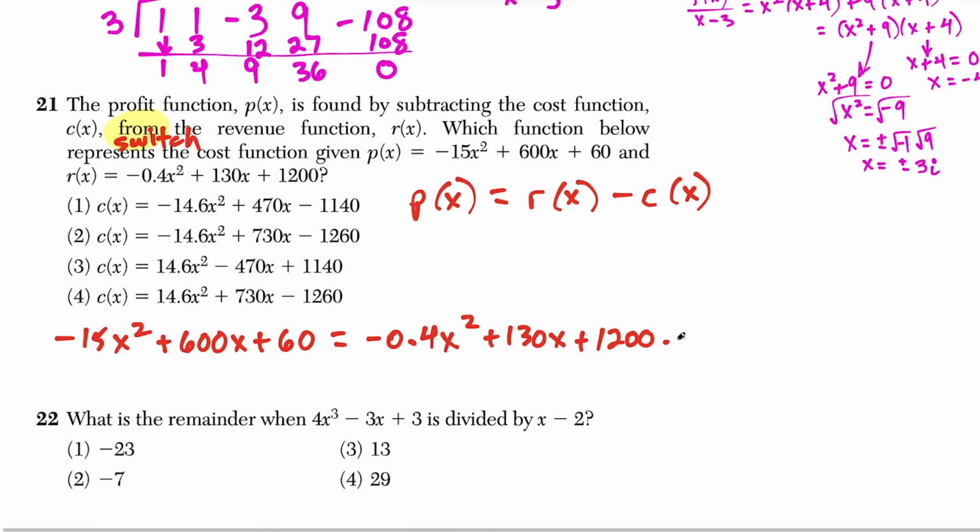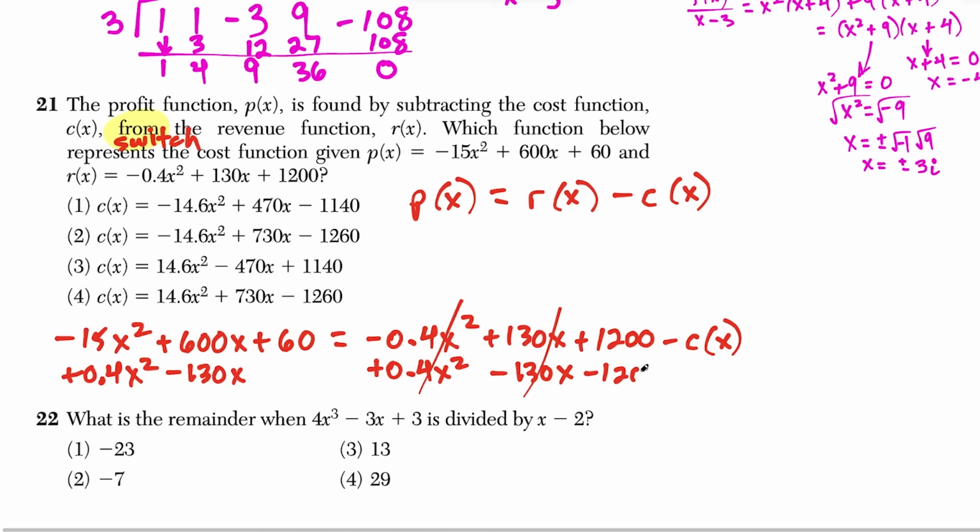And we are subtracting c of x. So if our goal here is to find c of x, that's this piece here, we should move everything else to the other side. So I'm going to do plus 0.4x squared on both sides. And I'm going to write it up so that we're lining up the like terms here. And then we're going to have minus 130x on both sides. So I'm doing minus 130x on both sides. These terms will cancel, and then minus 1200.